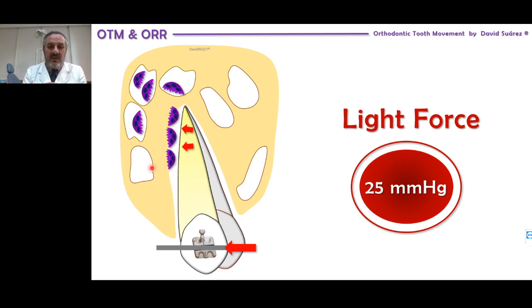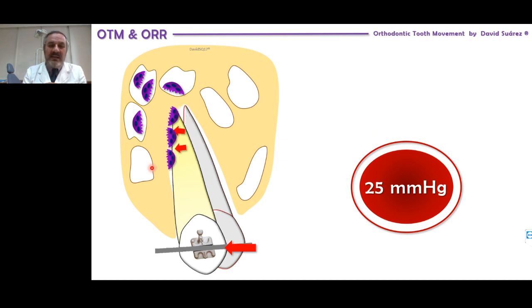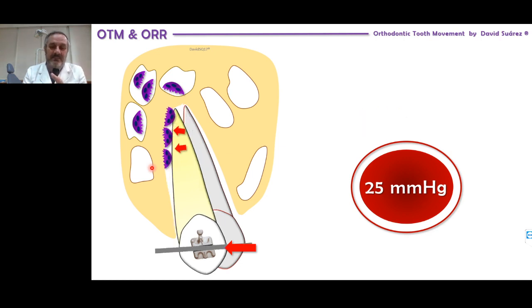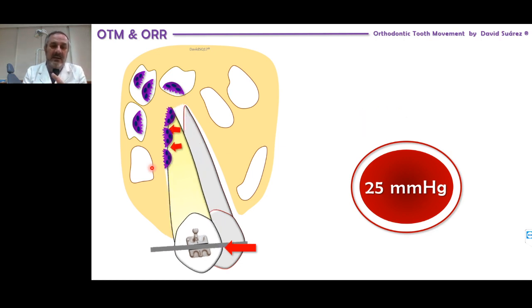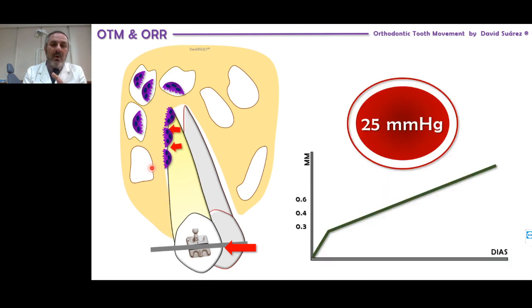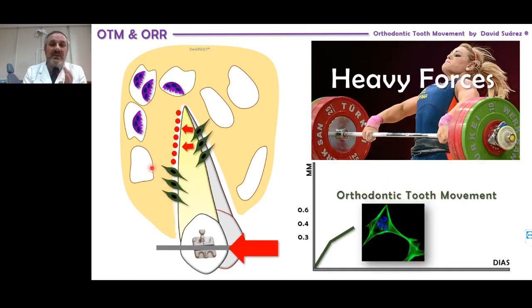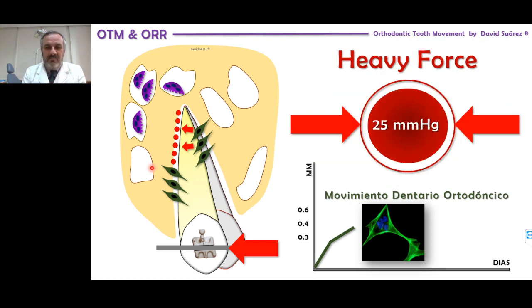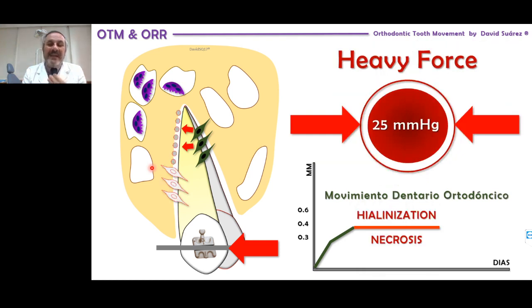And remember, when we use light force, we have a direct bone resorption. When you increase to heavy forces, you stop the orthodontic tooth movement, producing hyalinization and necrosis.